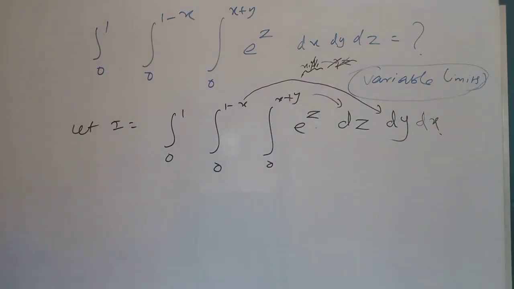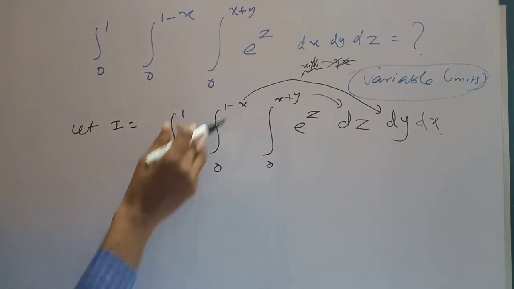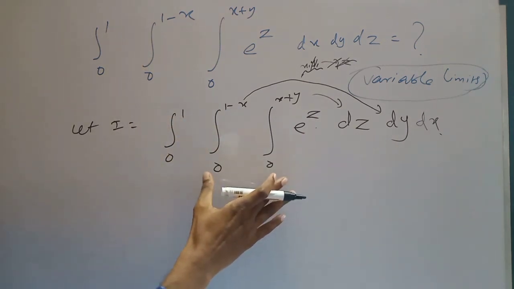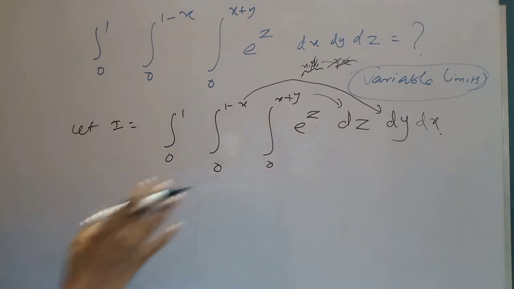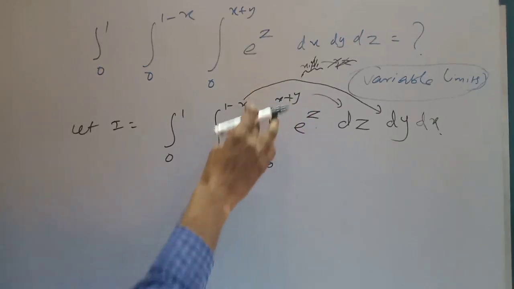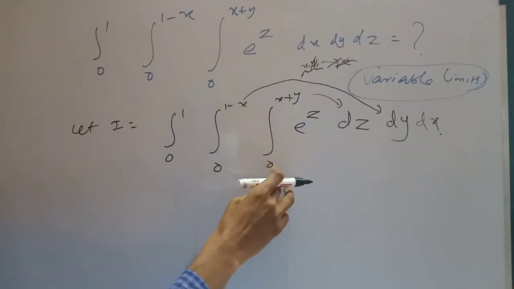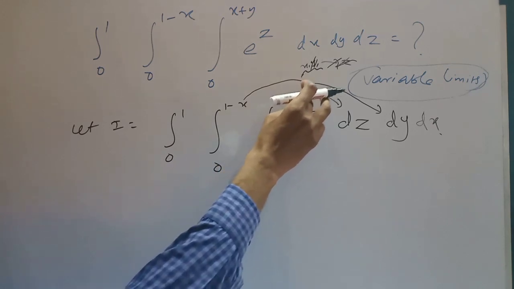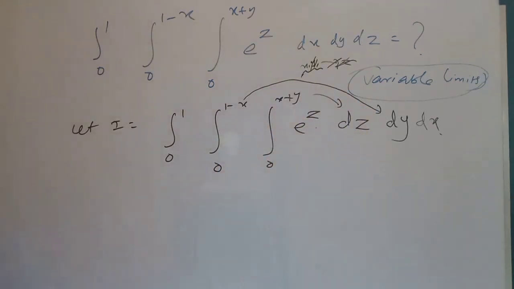Once again, the outer integral limits are always constant, and the inner integral limits are constant or variable limits. In this problem, they are variable limits. The innermost limits are 0 to x plus y, in terms of x comma y, so first with respect to z.